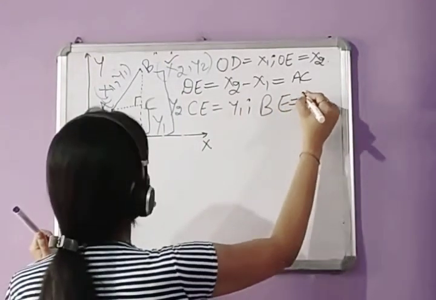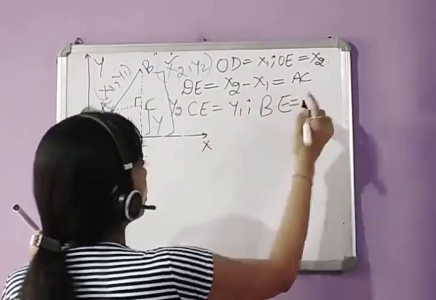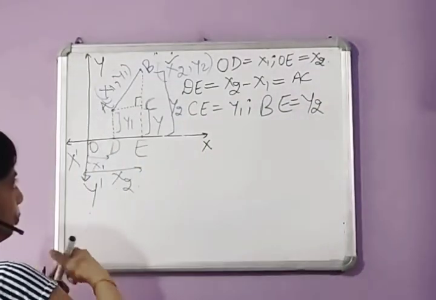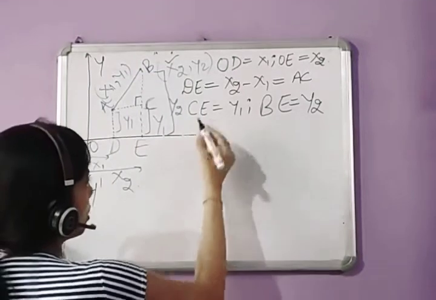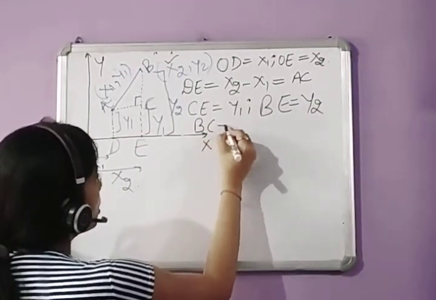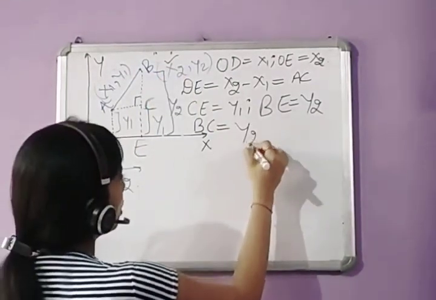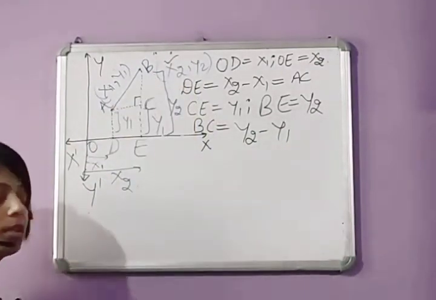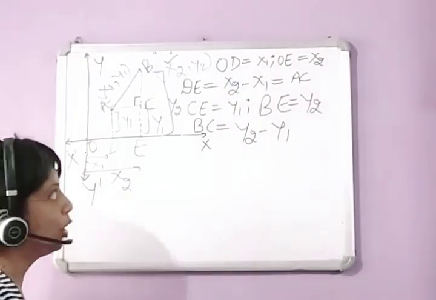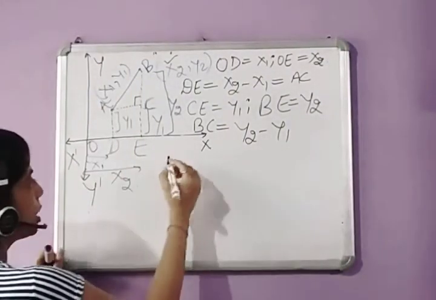Now I want this distance BC. BC is equal to y2 minus y1. How? This whole distance minus this distance. I hope you understood.